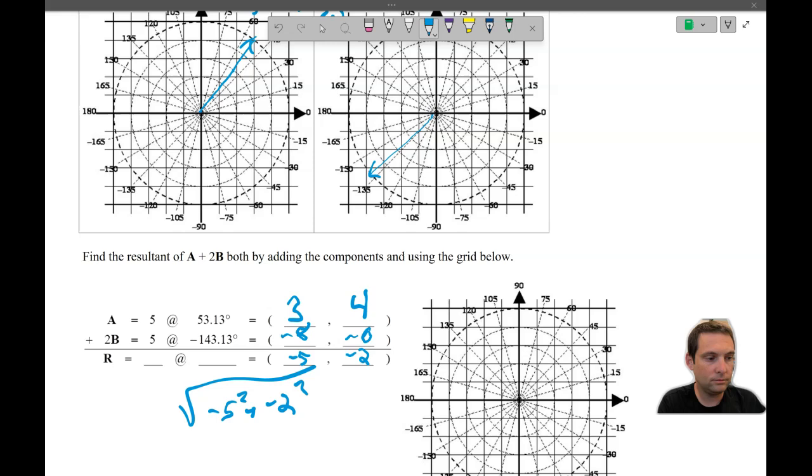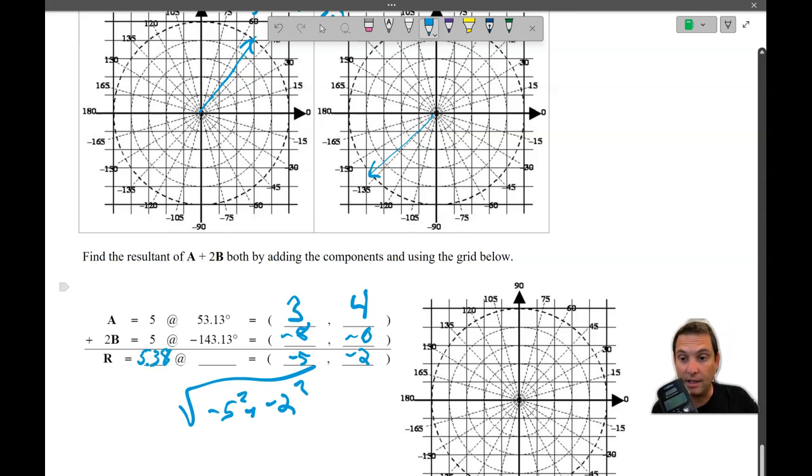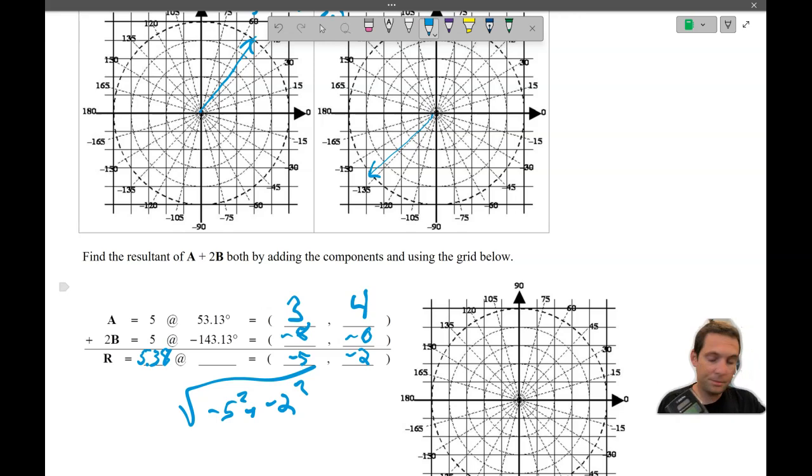Man, I was using a calculator that is not my normal calculator. It was a TI-36X Pro, which is a great calculator. But when I put in square root of 29, I just got square root 29, and I don't feel like dealing with figuring out how to change that.